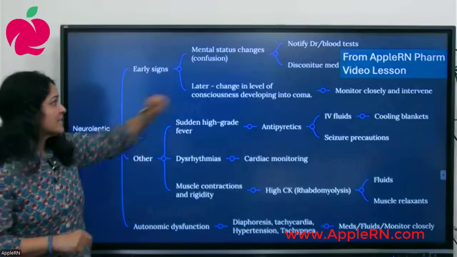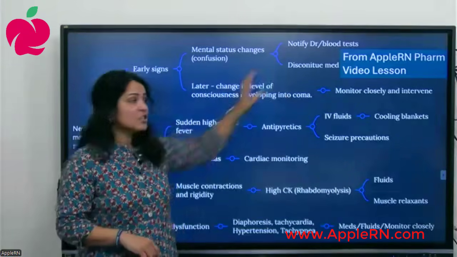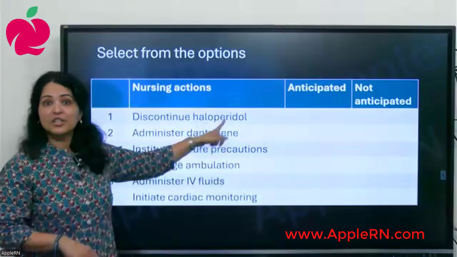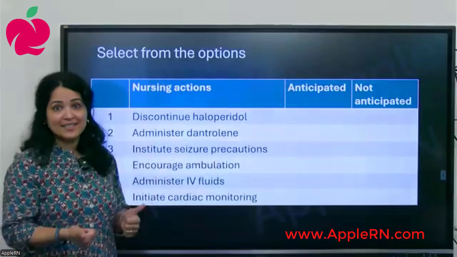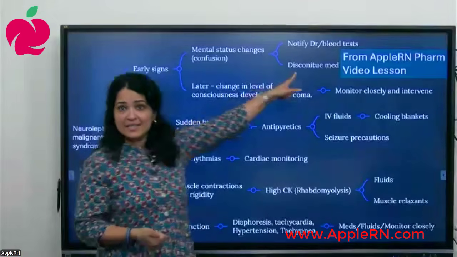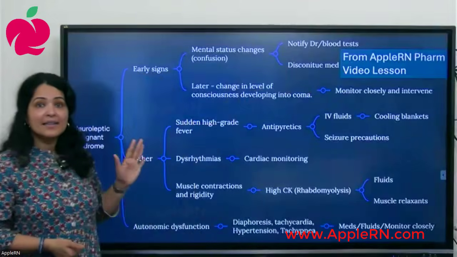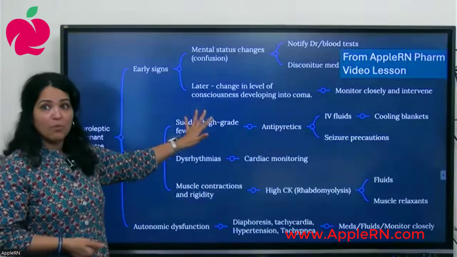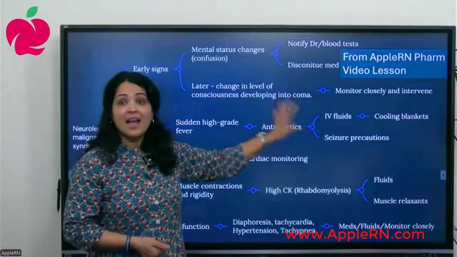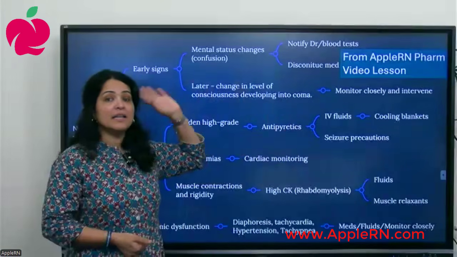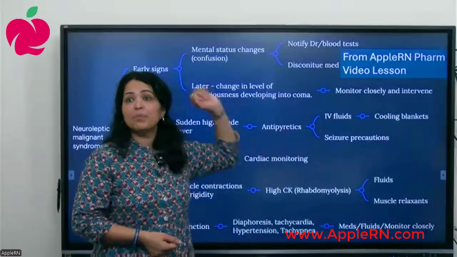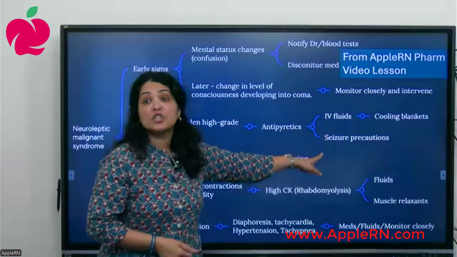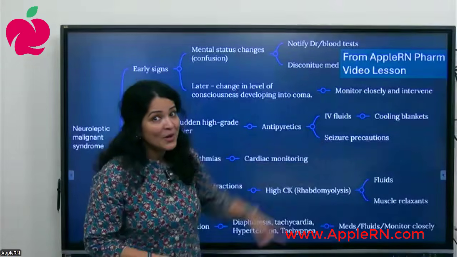What do we do? We discontinue the medication. Definitely discontinue, we don't want to keep giving that. And we know there is a fever problem, so we will be giving IV fluids. We will be giving hydrotherapy, cooling blanket, seizure precautions, right?